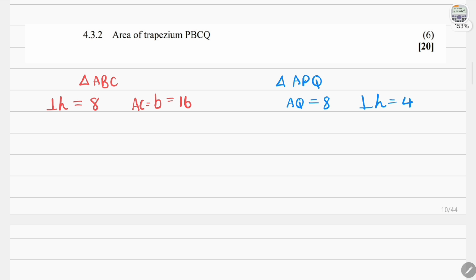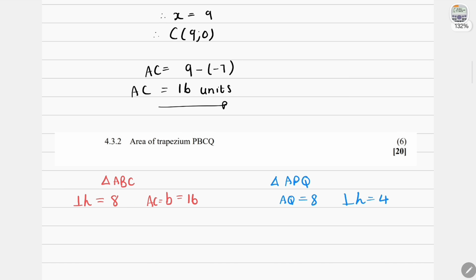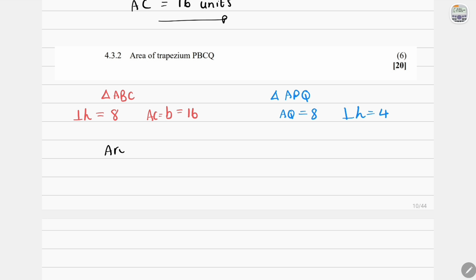And now we can go ahead and find this. So the area of triangle ABC, you can actually just find it together. That's fine. So we'll say that to find the area of this trapezium PBCQ, we simply say it's better to just say the area of triangle ABC minus the area of triangle APQ.